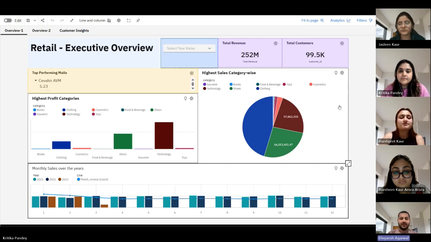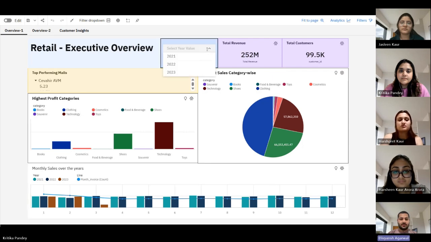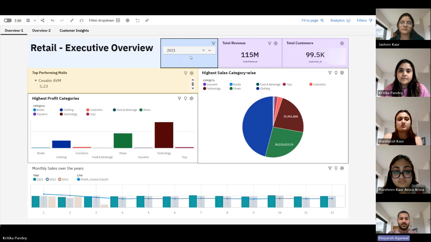And lastly, we are going to go through the combo chart at the bottom, which tells us about the monthly sales across the years 2021 to 2023. There is also a filter we can use, which says select value, which basically gives you the overall performance of year 2021 and similarly 2022 and 2023.